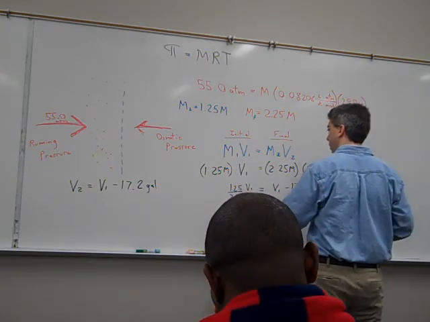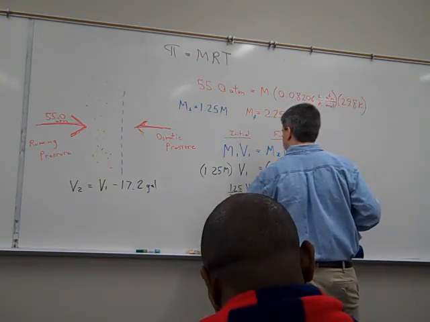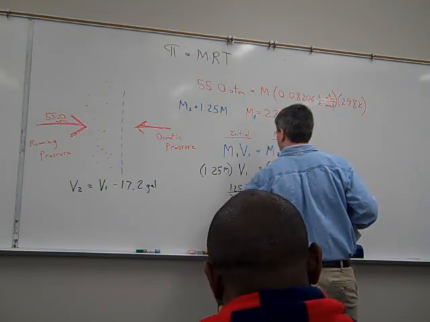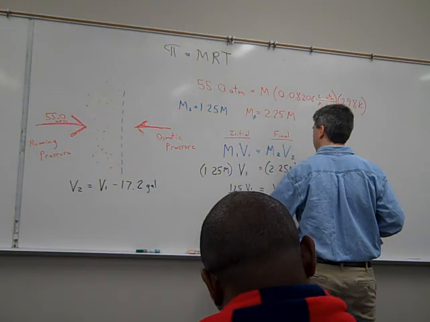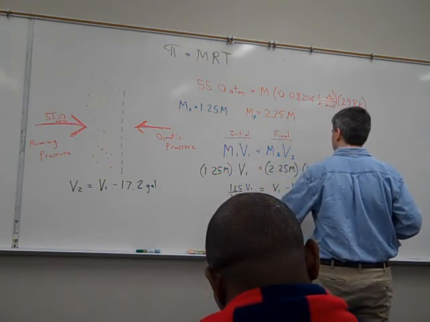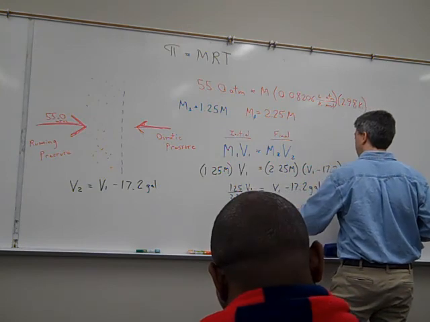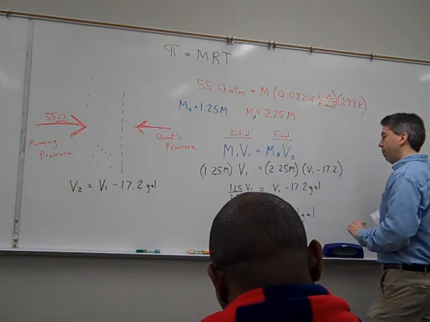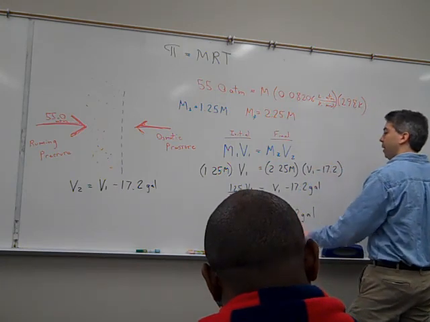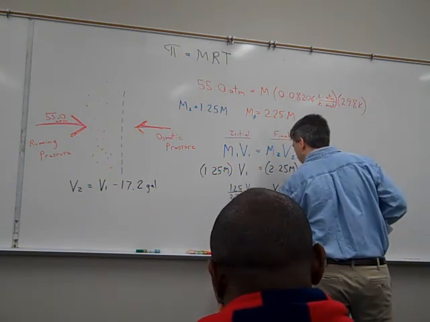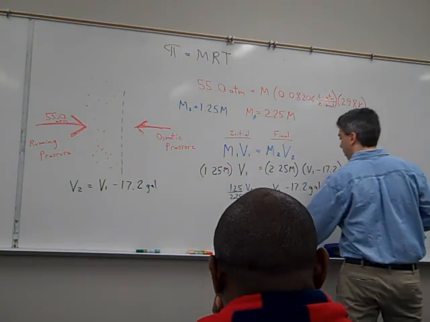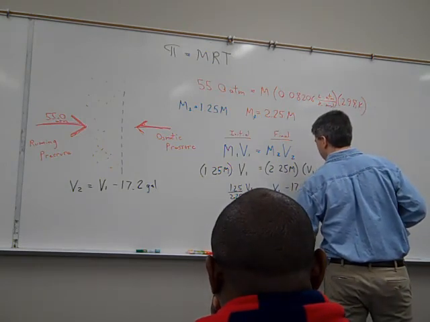That leaves me with 1.25 over 2.25 minus 1.00, times V1, equal to negative 17.2 gallons. And then if I multiply both sides by the reciprocal here, the negatives will cancel out, and I will get a volume initially of 38 point something.